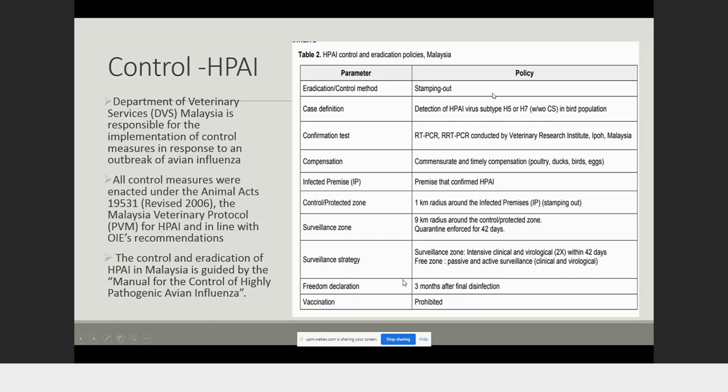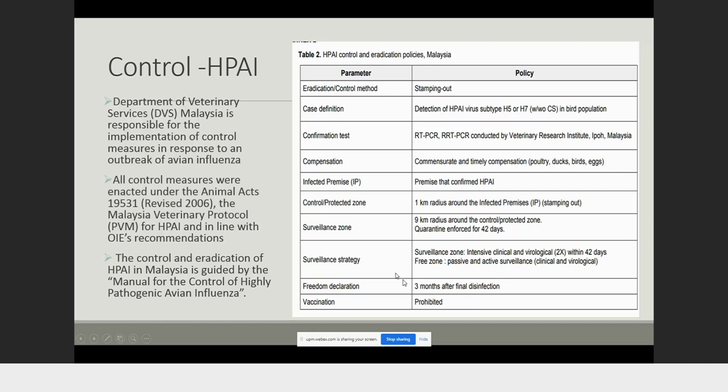The policy is stamping out on detection of H5 or H7 in the bird population, confirmation with real-time PCR, and a compensation policy for the farmers. They also do surveillance, and this stamping out, later on I will show you, has a control zone and a surveillance zone.